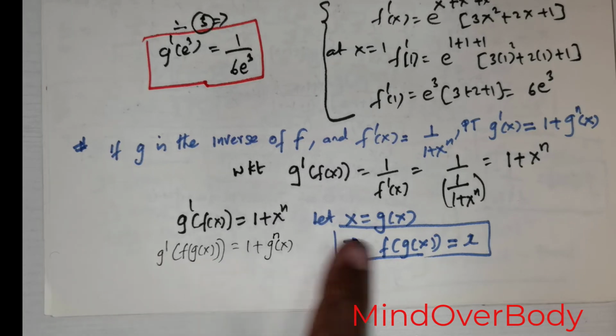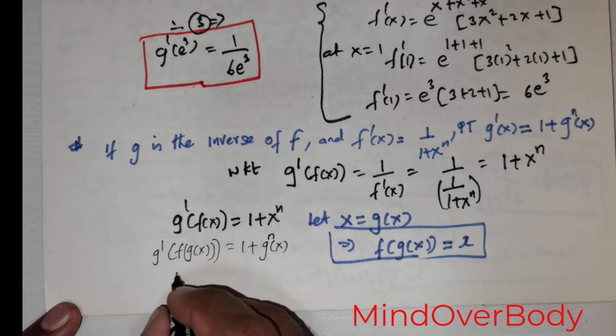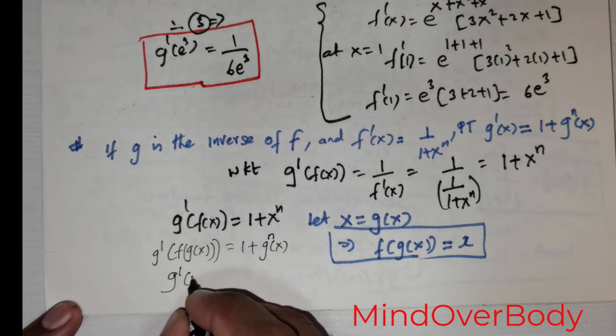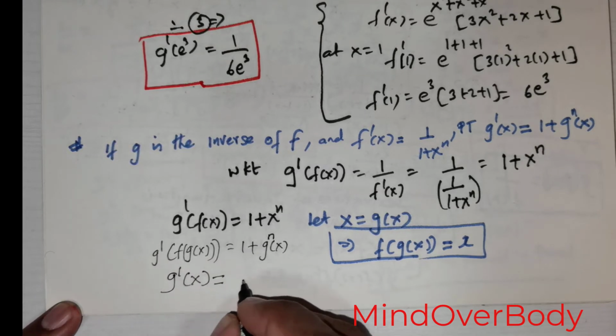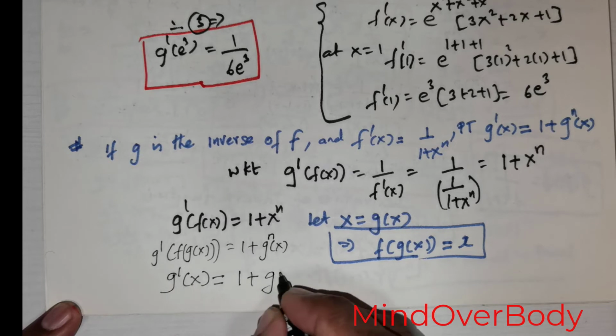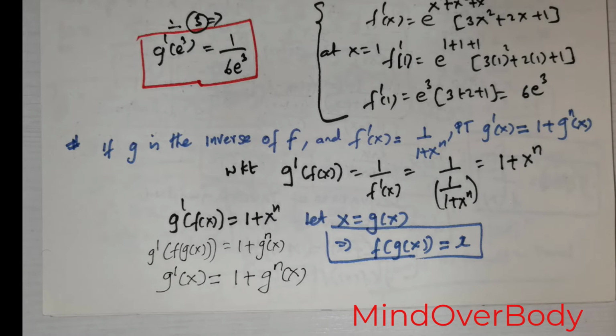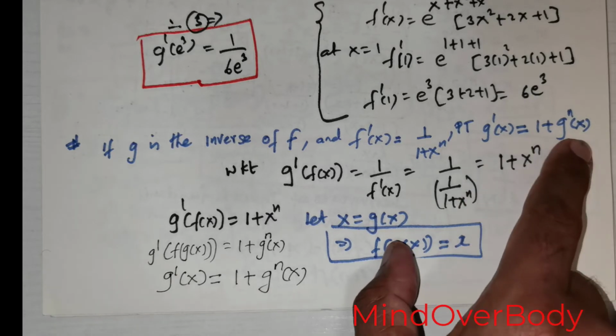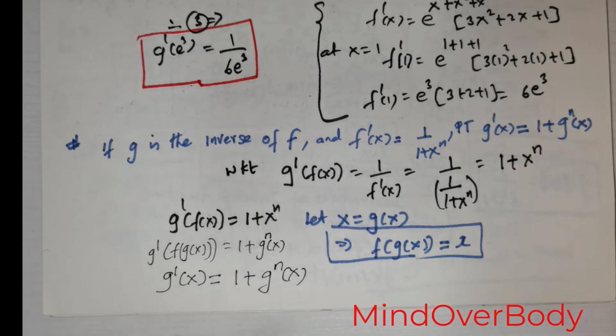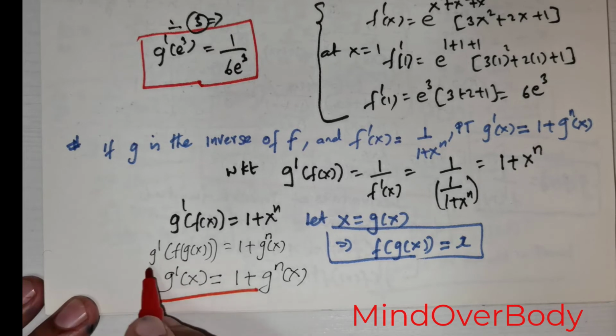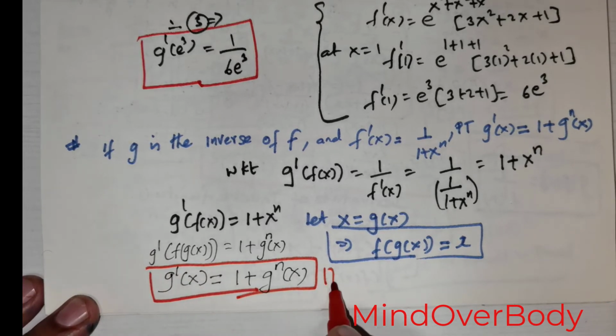Now f of g of x, what is that? That's nothing but x. So this is going to be g dash of x is equal to 1 plus g raised to the power of n of x. And this is exactly what we are looking for. So we can box this and say hence proved.